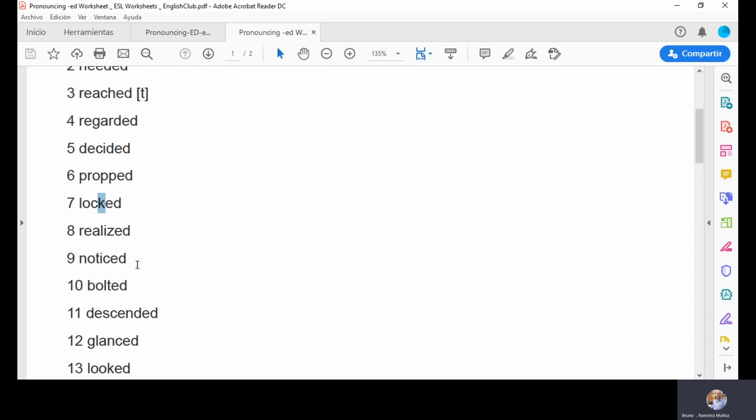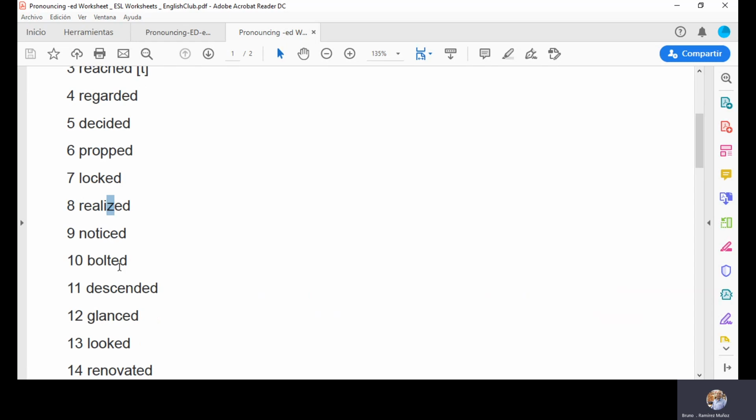Realized, we end with d, voiced d, because the final sound here is voiced as well. Z, z, z. So we end with d, realized. Then number 9, noticed, t, okay? The final sound for this ed ending should be t.